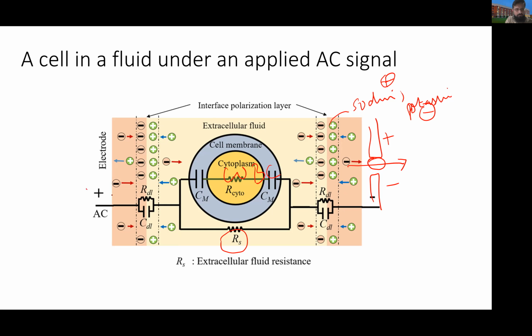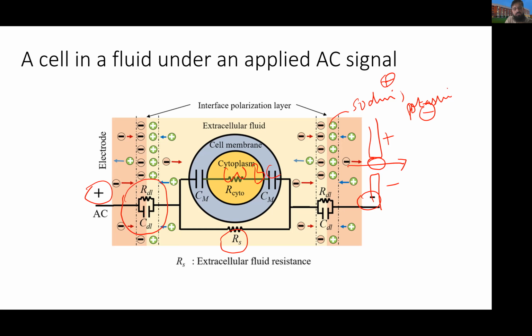We have a positive electrode here, and a negative electrode here. You will see that the negative ions are moving on the left side, and the positive ions are moving on the right side. Because of this movement, the ions will make a layer on each side. That layer also has a small electrical equivalent.